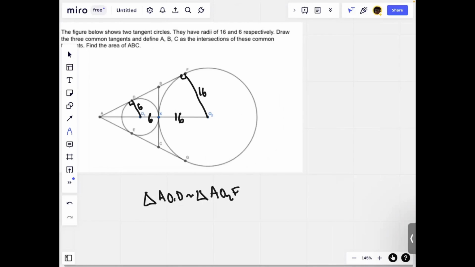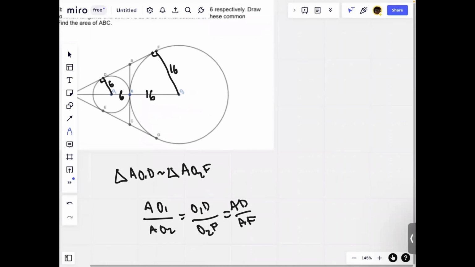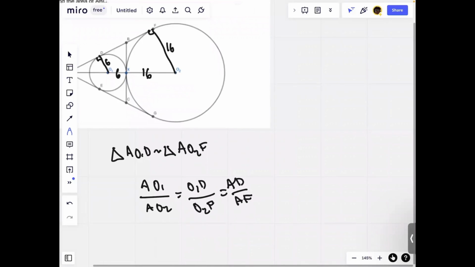So for this relation, we have AO1 over AO2 is equal to O1D over O2F is equal to AD over AF. So we know that O1D over O2F is equal to 3/8.